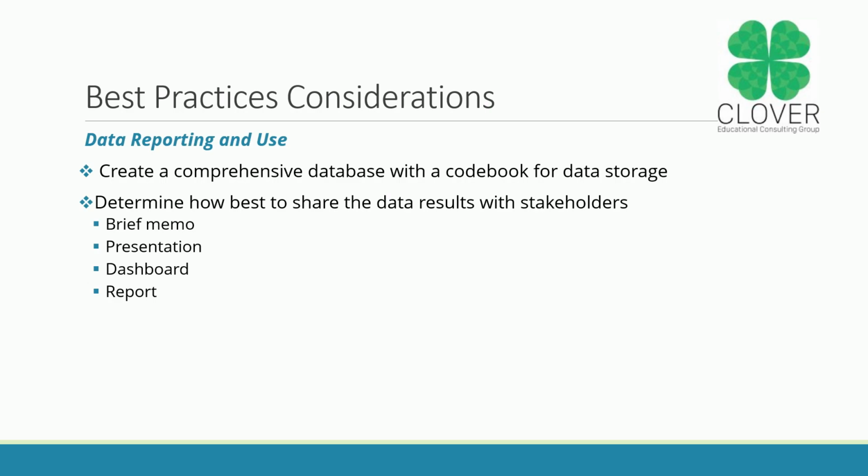But for things like presenting to a training committee or to your organization or to staff, consider different methods of presenting that data. It can be just a brief memo, it could be a presentation, dashboards are really effective, or a full-fledged report. But really the key takeaway here is involve those stakeholders in the decision on how to consume or use that data. And then you can plan that out in your evaluation plan.